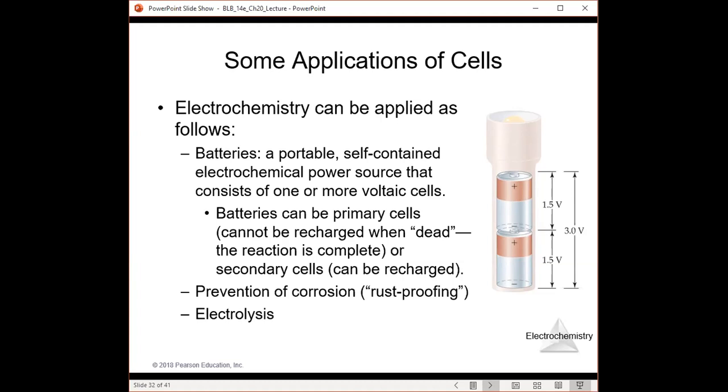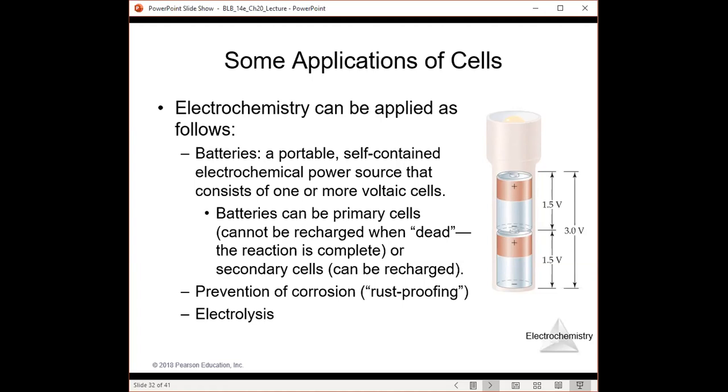Now, prevention of corrosion, rust proofing. We live down here on the coast. If some of you guys have parents, friends, or somebody that you know that works at Austal, we're down here. Now, normally what people like to do with their boats is put a corrosion inhibitor on there. Why? Because salt water will eat up metal in a heartbeat. It will just dig into it and chew away at it.